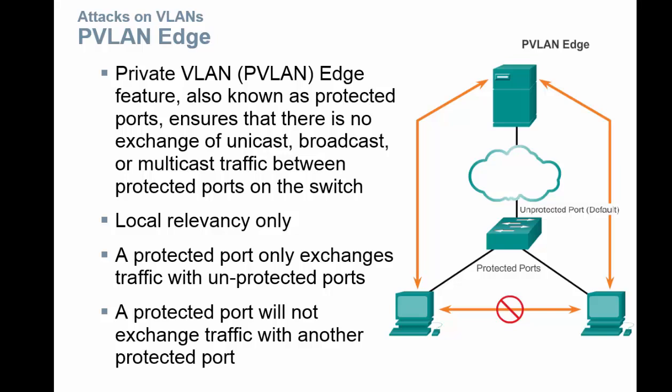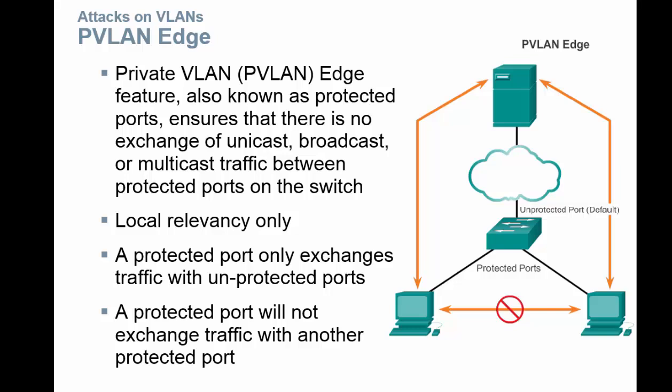Some of the characteristics of the private VLAN edge are: you have a protected port that does not forward any traffic to any other port that is also a protected port, except for control traffic. So data traffic cannot be forwarded between protected ports at layer 2. Forwarding between a protected port and a non-protected port proceeds as usual.